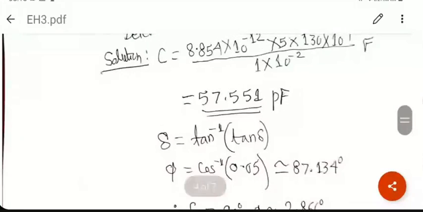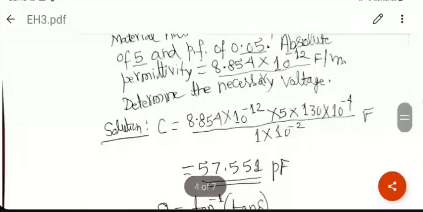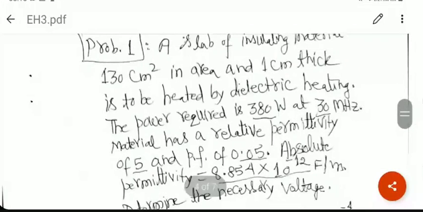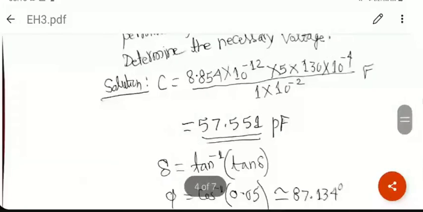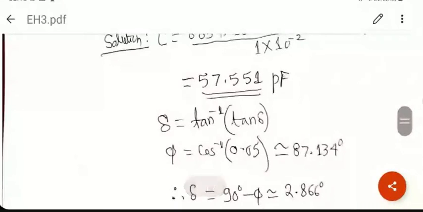Now delta is related to phi, which is also related to power factor. Power factor is 0.05, so cos phi is 0.05. So phi is cos inverse of 0.05, which gives you 87.134 degrees.